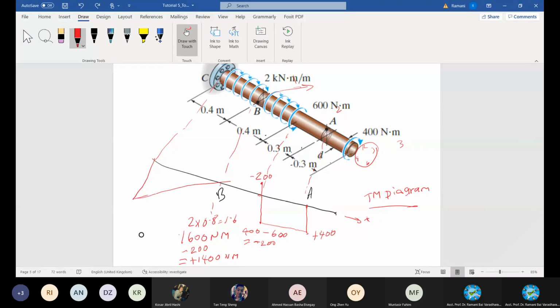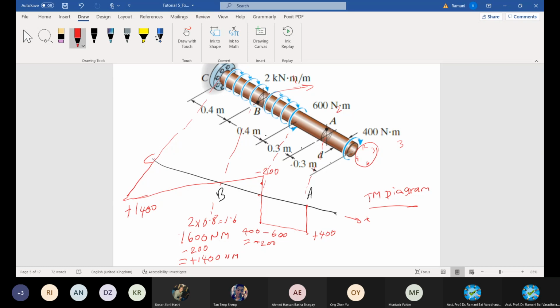All right, 200 at this point, and then minus 200 here, and then reaching plus 1400 at this point. Is it clear, everybody? Please answer me, otherwise no point. At C, it will be like this. So this is the diagrammatic representation of the torsional moment acting on this member, the shaft, with an inclined line. I put a straight line. I follow the same angle.